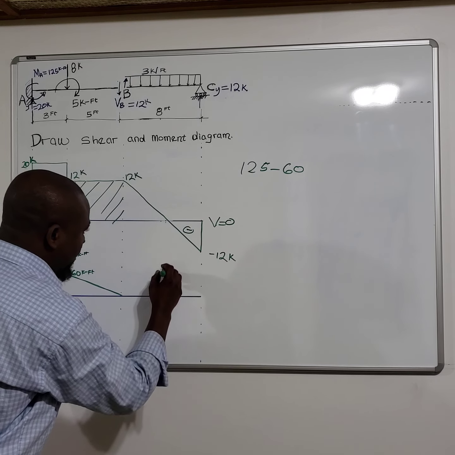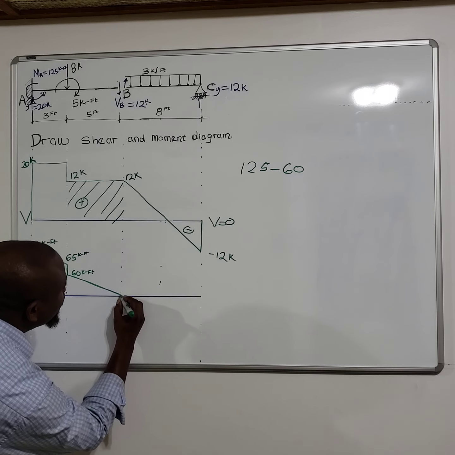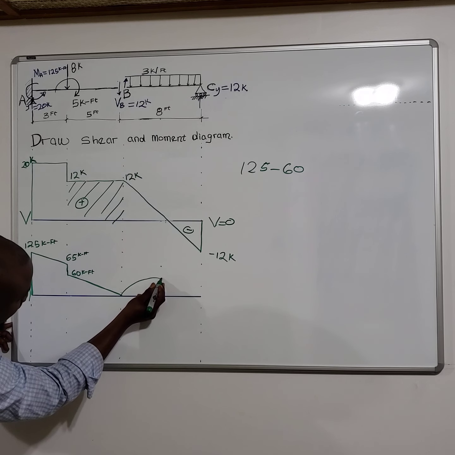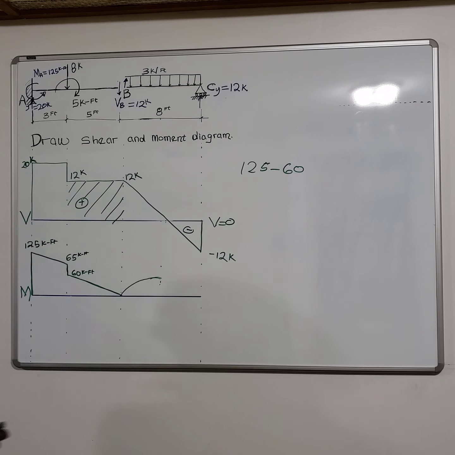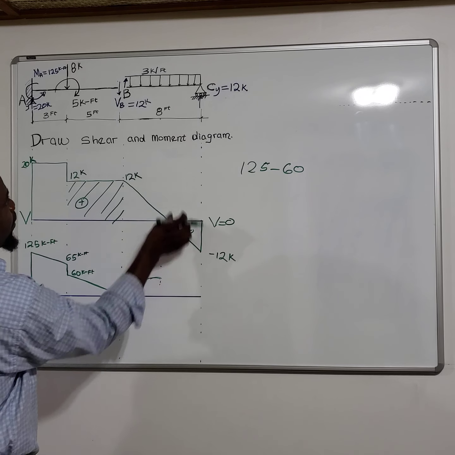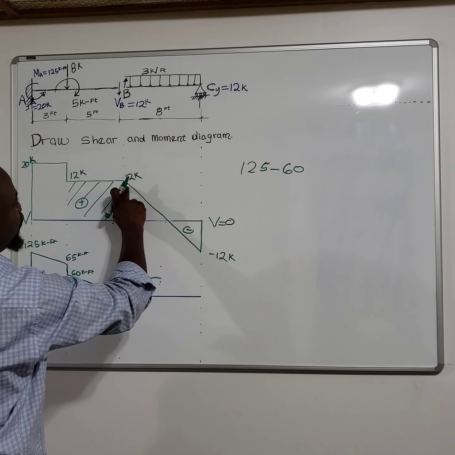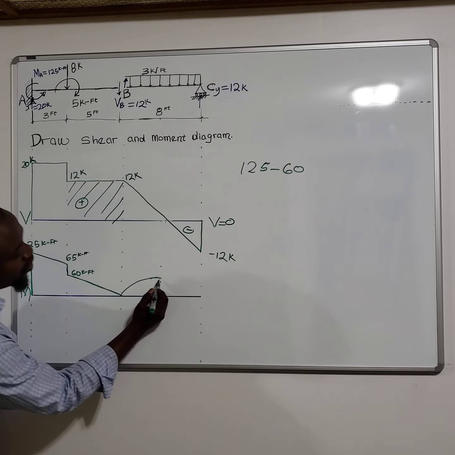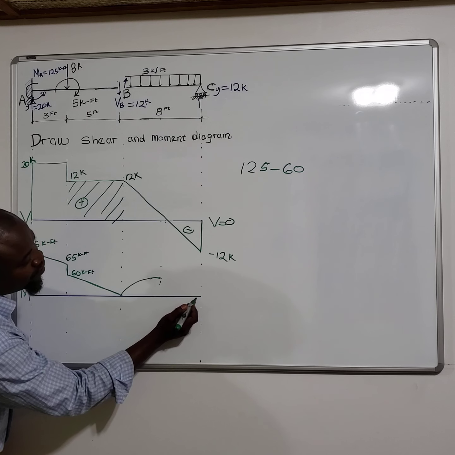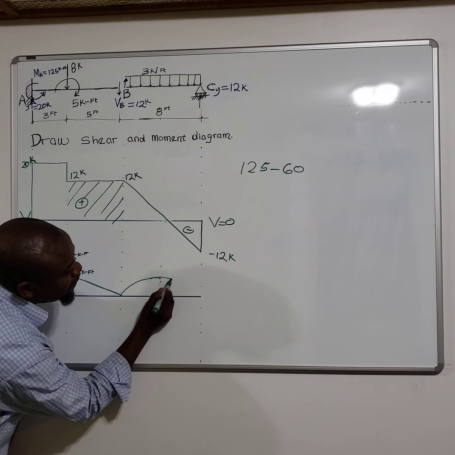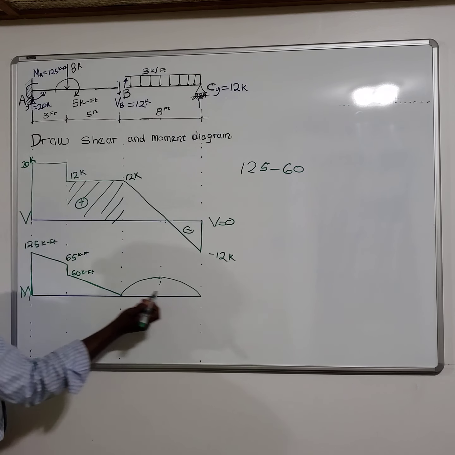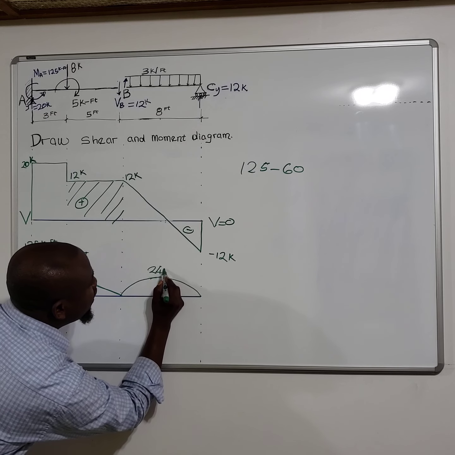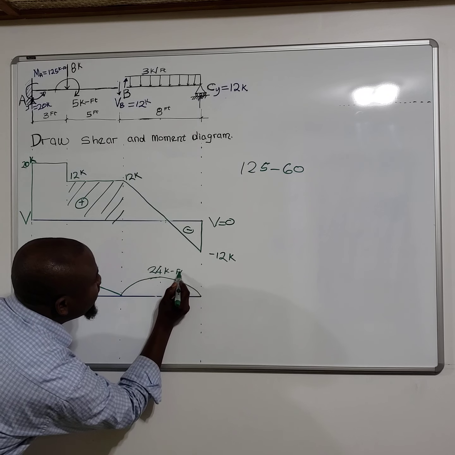The parabola starts from that point, here 0, and comes to a maximum here. The other section is also 24, because 4 multiplied by 12 is 48, divided by 2 is 24. And since we are at 24 here, that minus 24 brings you back to 0. So this is 24 kip-feet.